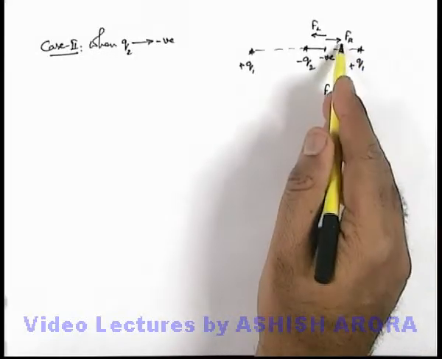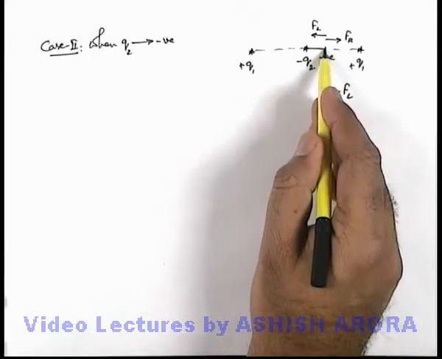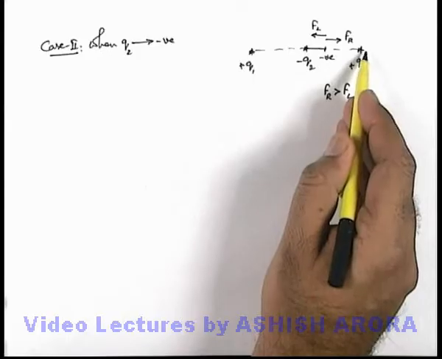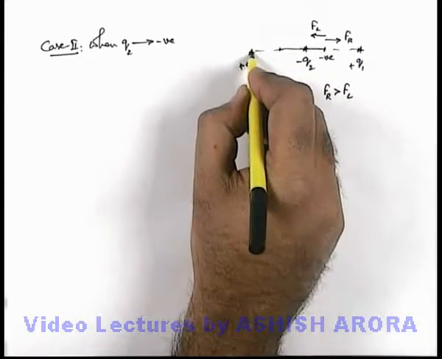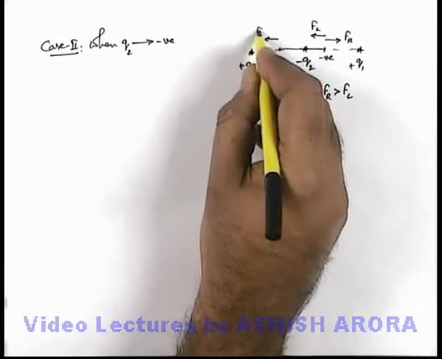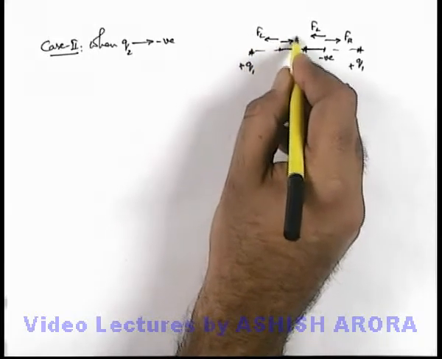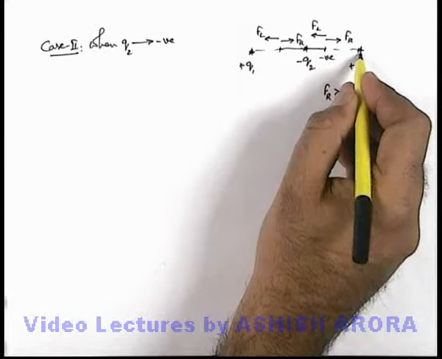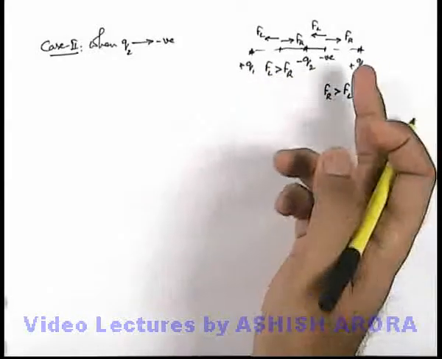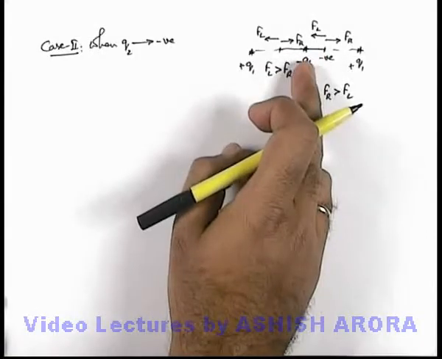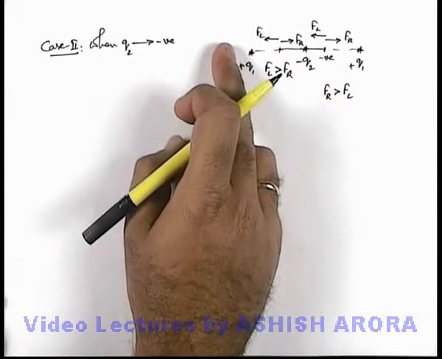As Fr is more than FL, it will move away from the equilibrium position. If we displace it toward the left, the force due to this Q1 is FL toward the left and Fr toward the right is due to the other Q1, and FL will be more than Fr.